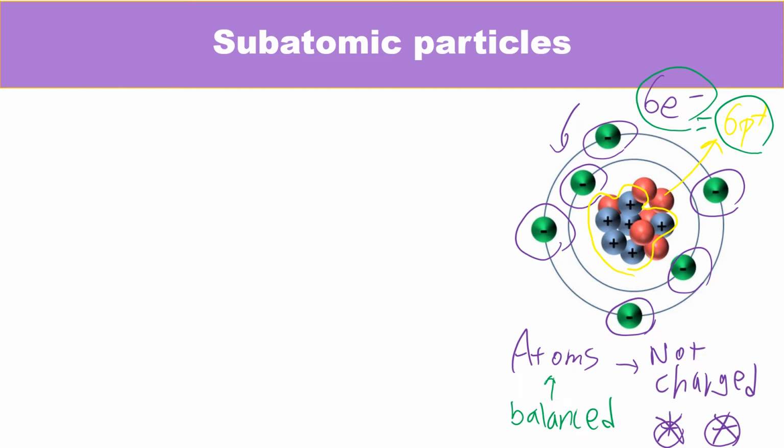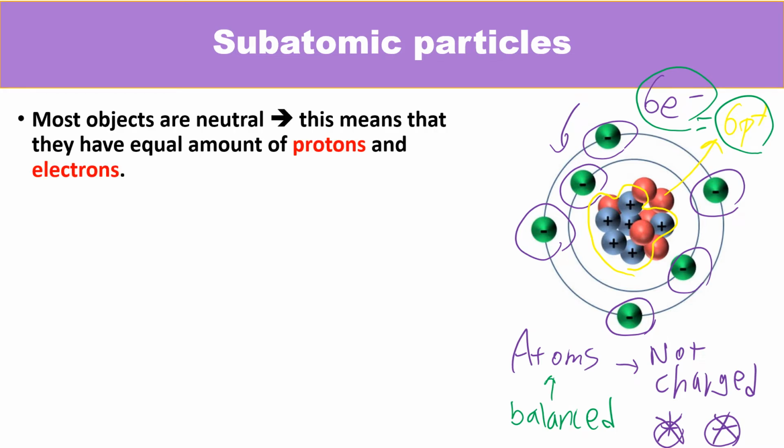And that is what you see in real life also. Most objects are not charged, they are neutral, because the neutral state is basically the most stable state in nature. This means that they have an equal amount of protons and equal amount of electrons.